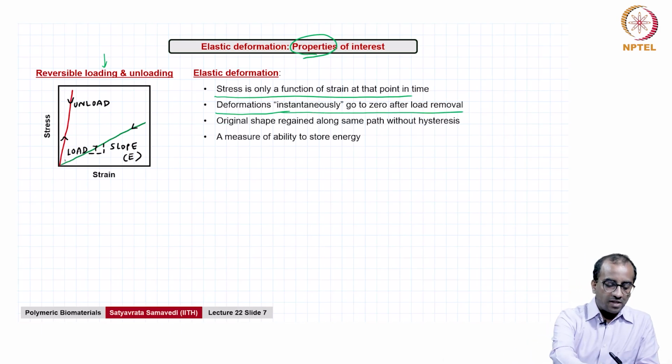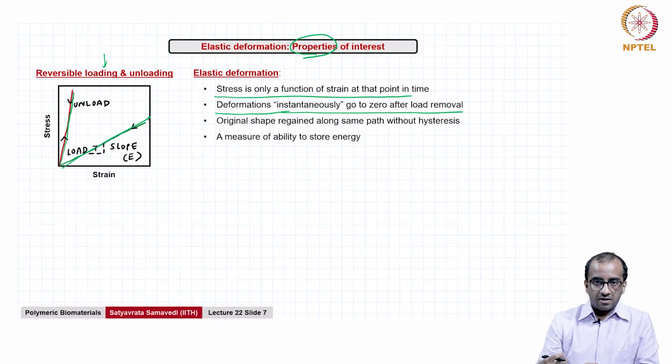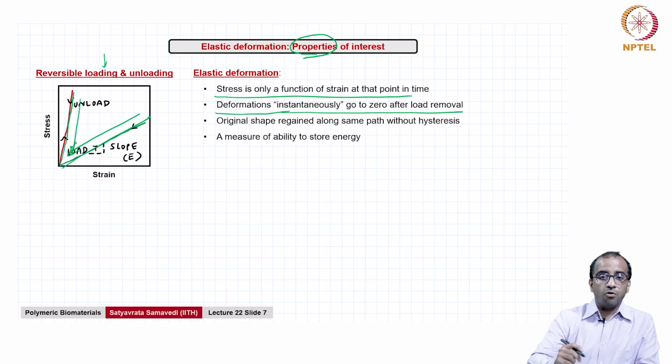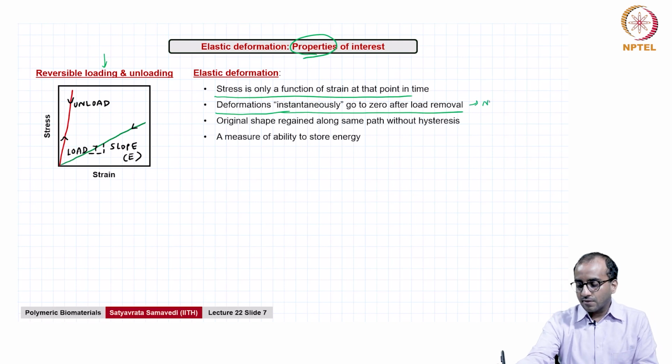So, if I am loading the material this way or this way, and if I let go, the deformations will immediately go back to 0. What that also means is there is no net or no permanent deformation.